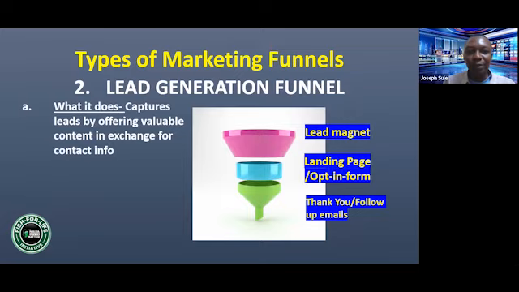At the top of your funnel, you present a lead magnet. And what is a lead magnet? It is something that you present to people with the hope that they will see it, get attracted to it, and follow you because of it. And while they are following you, you are now harvesting the information that you want. You are now trying to convince them to become the customers that you want. So it captures leads by offering valuable content in exchange for contact information.